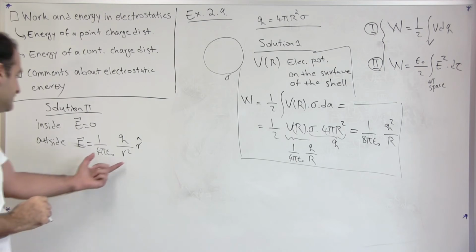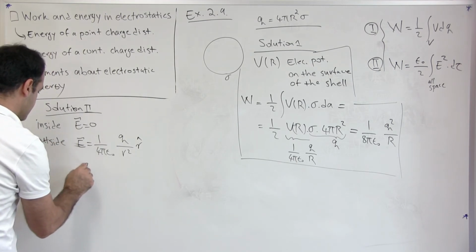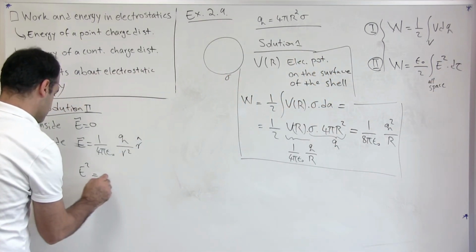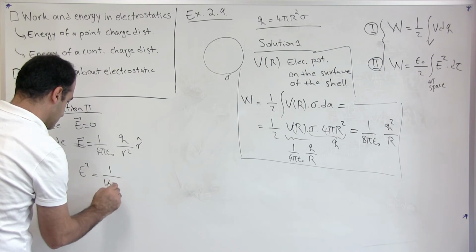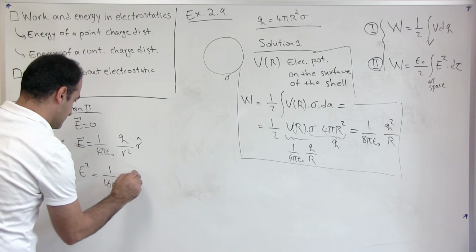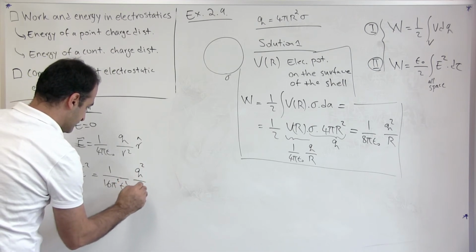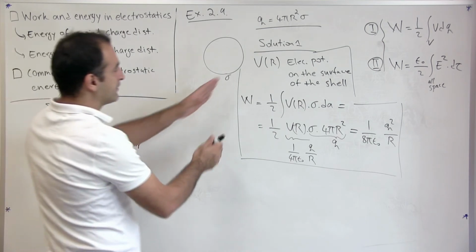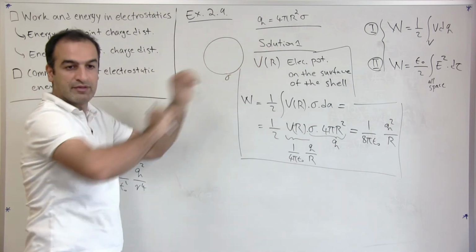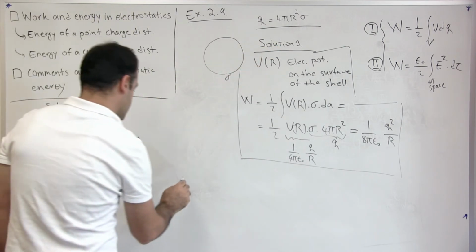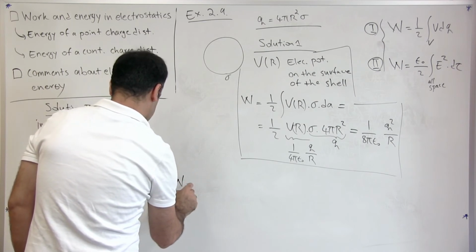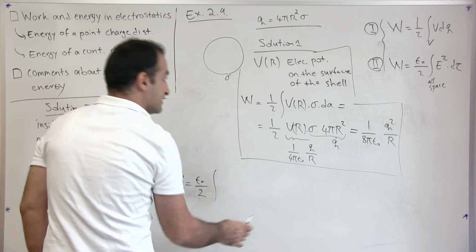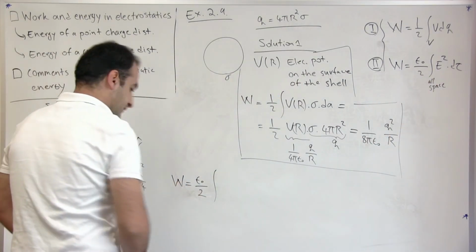If this is E, then the electric field squared, which is technically the integrand here, is 1 over 16 pi squared epsilon 0 squared, Q squared over R to the 4th. We need to integrate this from the surface of the sphere all the way to infinity. So the integral we need to do following the second approach is epsilon 0 divided by 2 times E squared.